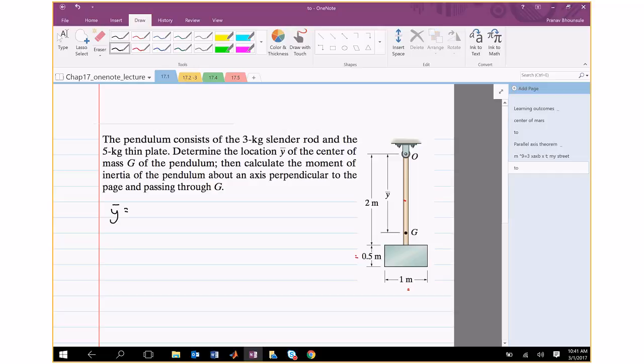In this case, you have to recognize that there is a slender rod and there is a plate. Those are the two composite bodies of interest. So to find y bar, we need to find the mass of, let me call this A and B, or it's easier to write the formula with 1 and 2.